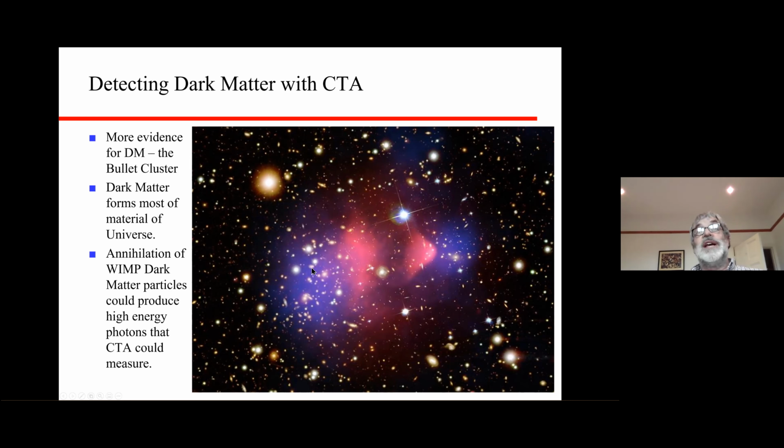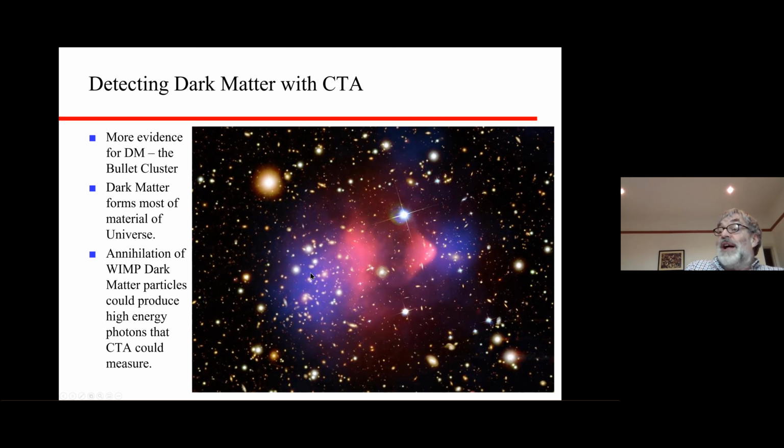So things with many times the mass of protons, maybe 1,000 times the mass of a proton and upwards, but that only interact either through gravity or perhaps through another weak force.